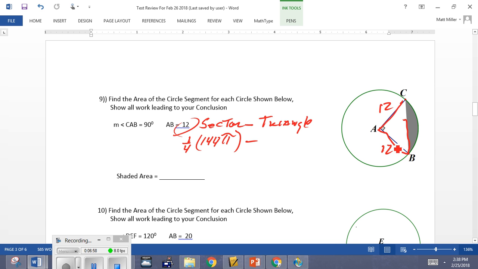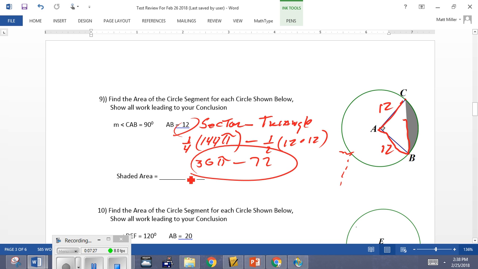A right triangle is the simplest thing in the world because it's simply half of a rectangle, right? So it's half the product of 12 and 12. So what's that give us? 36 pi minus half of 12 times 12, which is half of 144 or 72. So that's it, 36 pi minus 72. I'm going to terminate this one here and continue with another one.